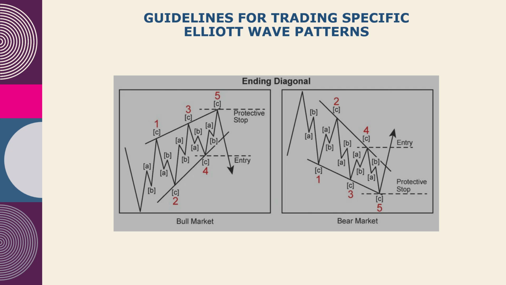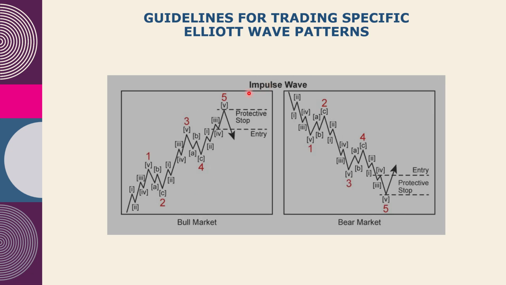Guidelines for trading specific Elliott Wave patterns. We know different Elliott Wave patterns. What are the specific guidelines for specific patterns? In case of an impulse wave, when wave 5 is forming and then it continues as a corrective wave, we can enter into a position when the price crosses wave 4 of the second degree wave.